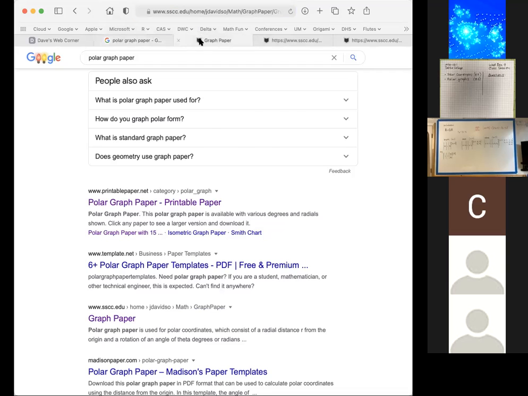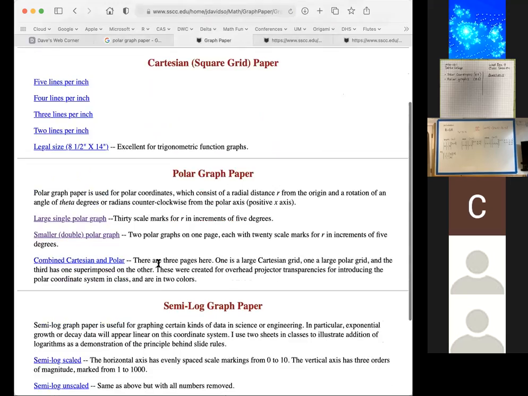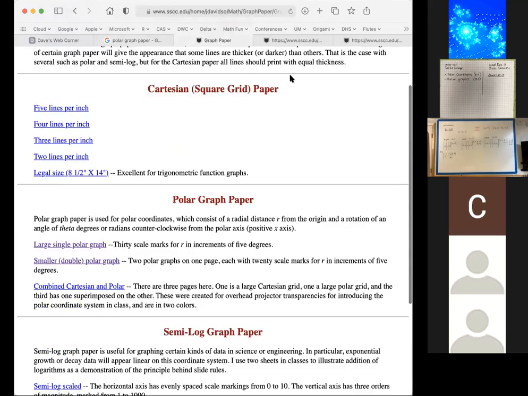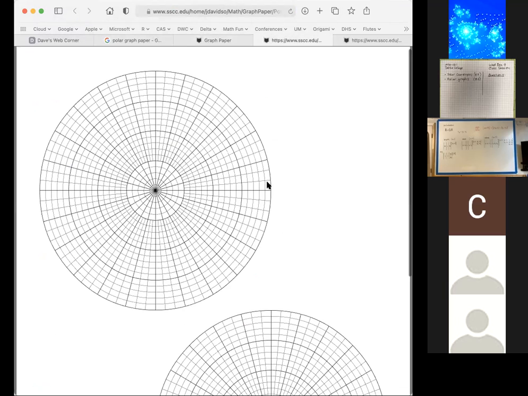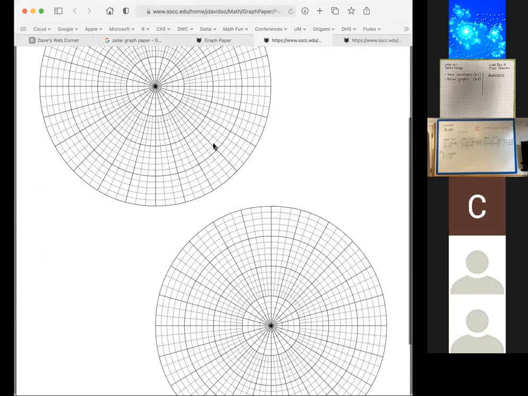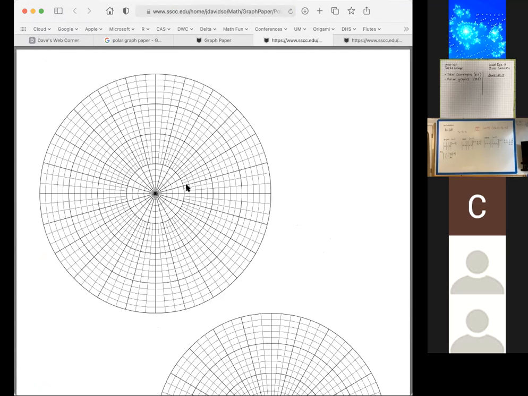And when you follow that link, he's just got a very simple page where he's got different square graph paper, polar graph paper, some other fancier graph paper. But polar graph paper looks like this. It's kind of a very broad, detailed, circular grid. And I'll show you how to use that today.